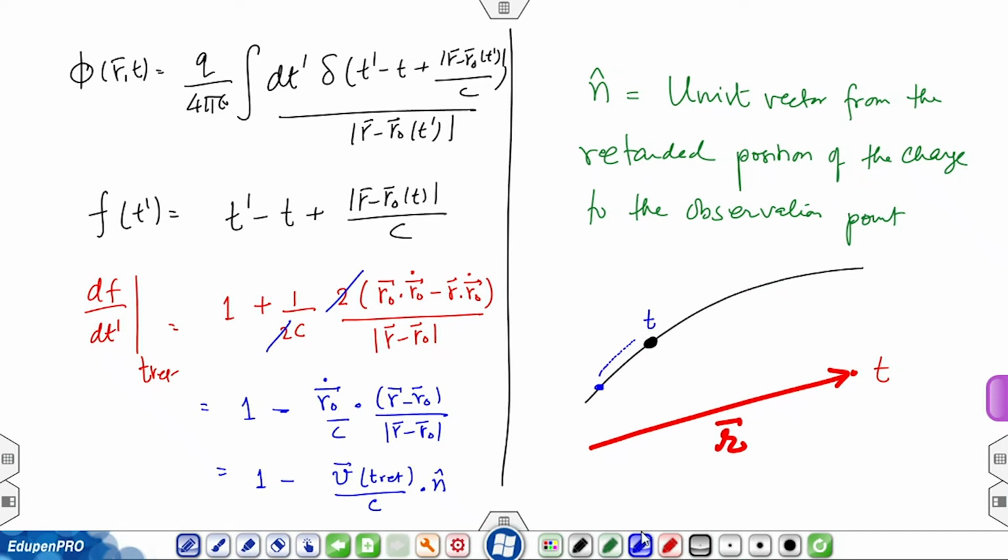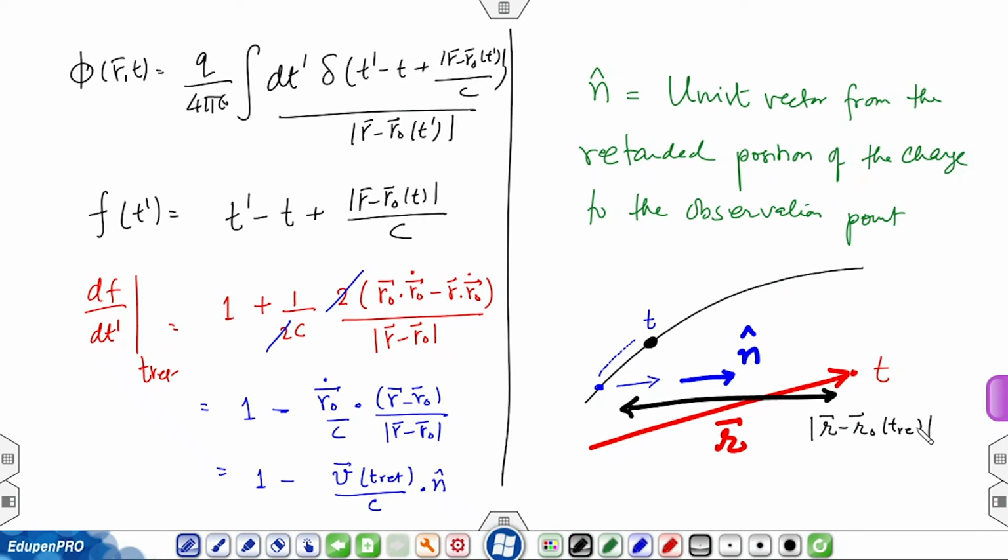Then n is going to be the unit vector in this direction. Let me make it thicker. This is n. This is from the retarded position, and the distance r minus r naught is this retarded position. This is modulus r minus r naught t retarded.